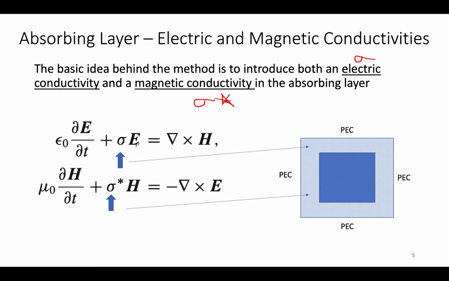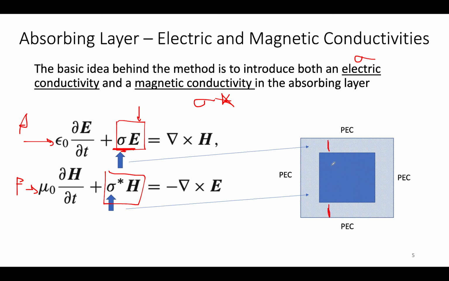To do that, we introduce an extra term in Ampere's law and in Faraday's law. We add the electric conductivity, so we have these extra terms: sigma multiplied by the electric field E, and sigma star multiplied by H. Of course, these equations are only solved within this material here.